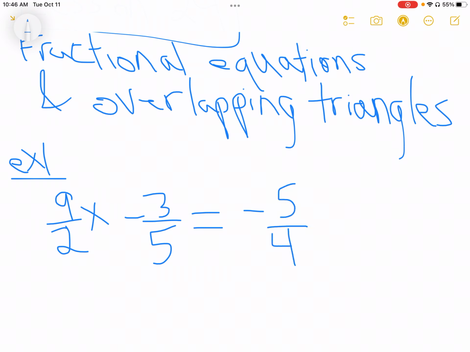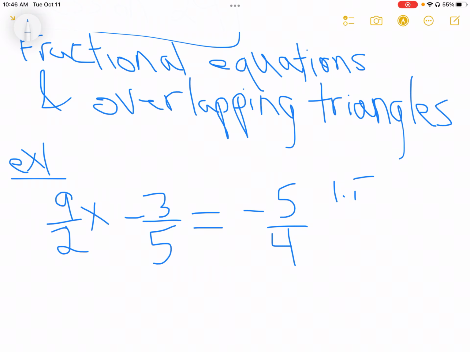All right, so now I can solve this multiple ways, right? I could move my plus 3/5 to the other side, and then I could give it a least common denominator, or make the denominators the same rather. Okay, but one simple way to just eliminate the fractions here, I can identify the LCD.